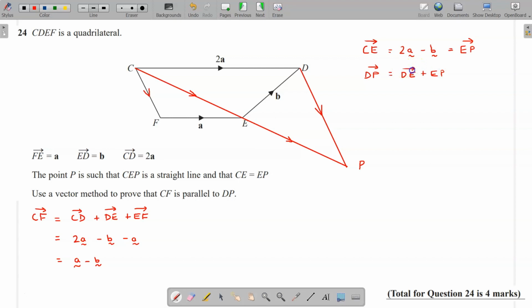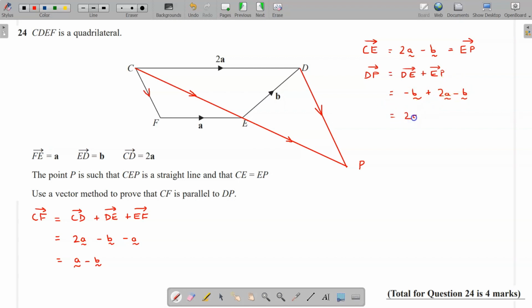That's what I'm doing to get from D to P. Now if I put in the A, B substitution, DE is minus B and EP is 2A minus B. And when you combine all those, you get 2A minus 2B.